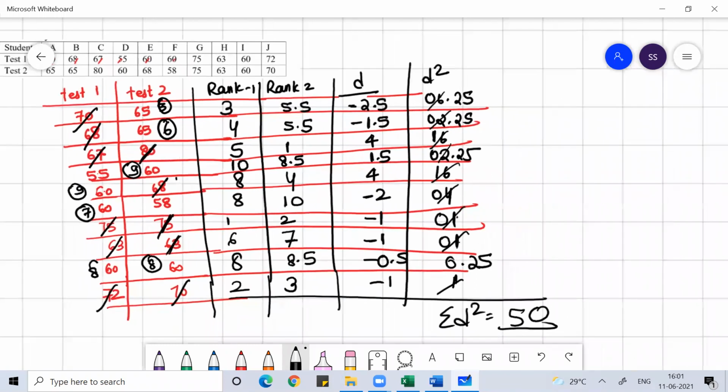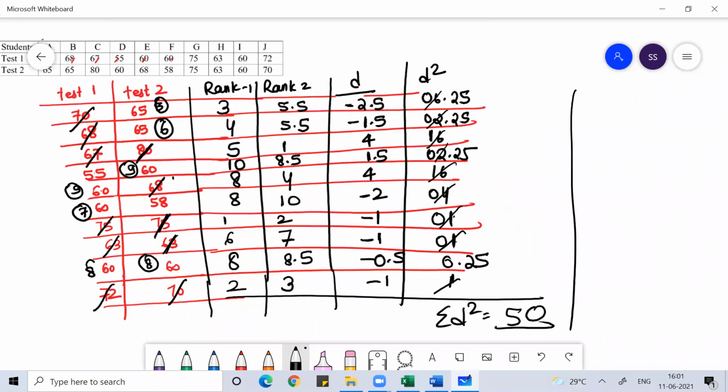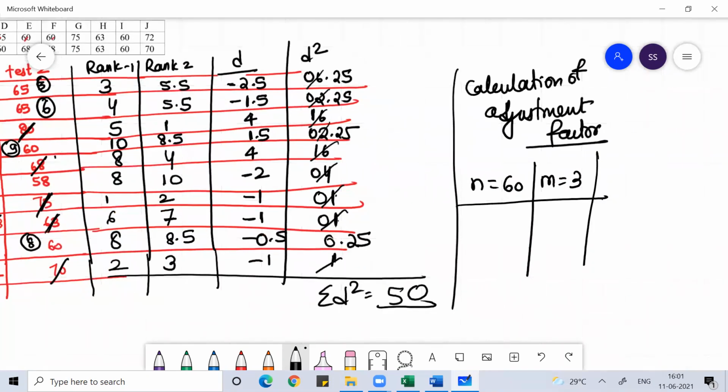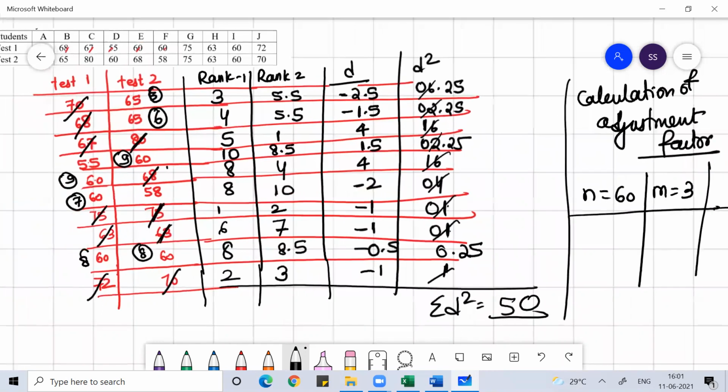Okay, guys, let's talk about the calculation of the adjustment factor. There's a number called 60, which repeated 3 times. I hope you remember yesterday I told you the correction factor would be 2.